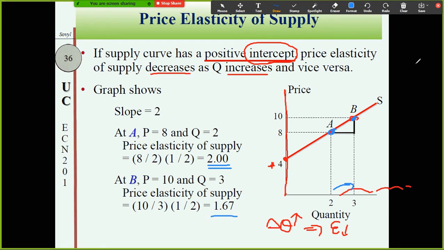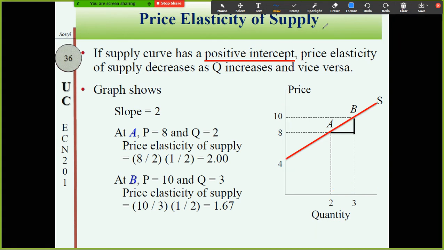So this is the example. This is only for a supply curve that has a positive intercept.